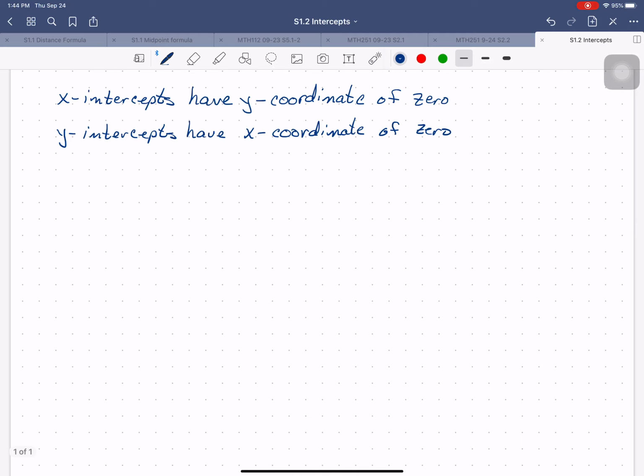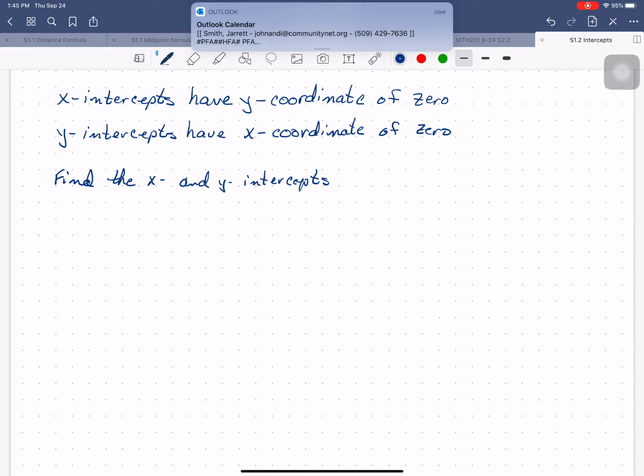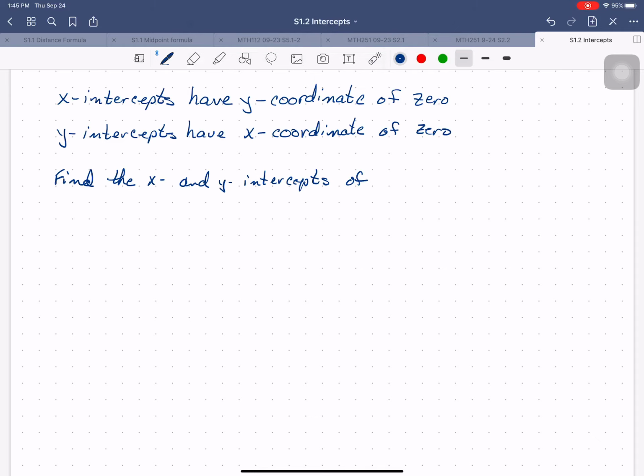So, for example, let's find the x and y intercepts, if there are any, and there might not be, of the graph of the relation x minus 2 squared plus y squared equals 1. So let's start with the y-intercept.